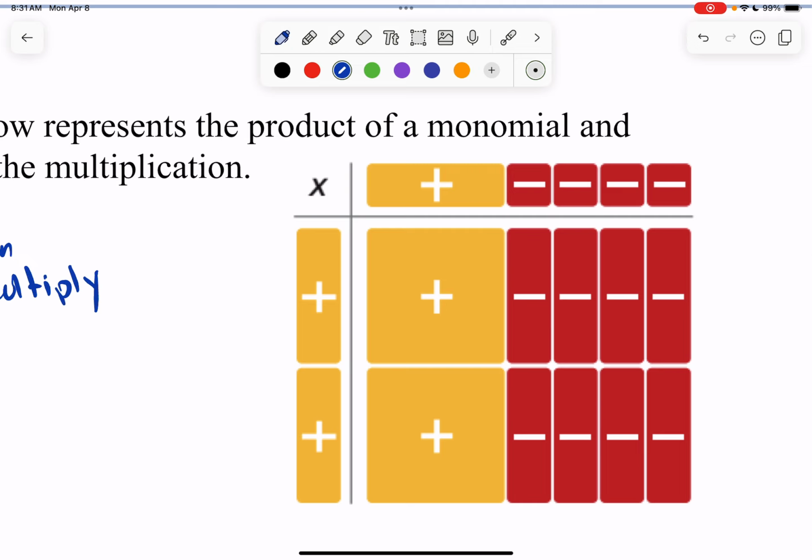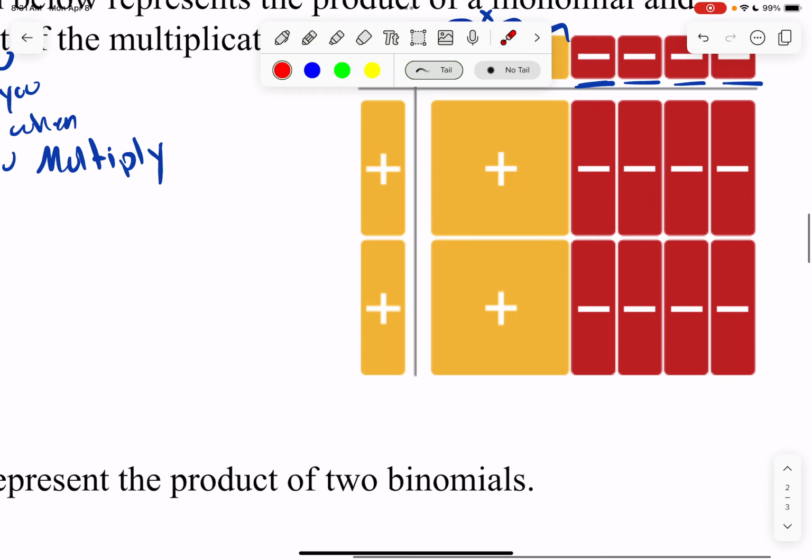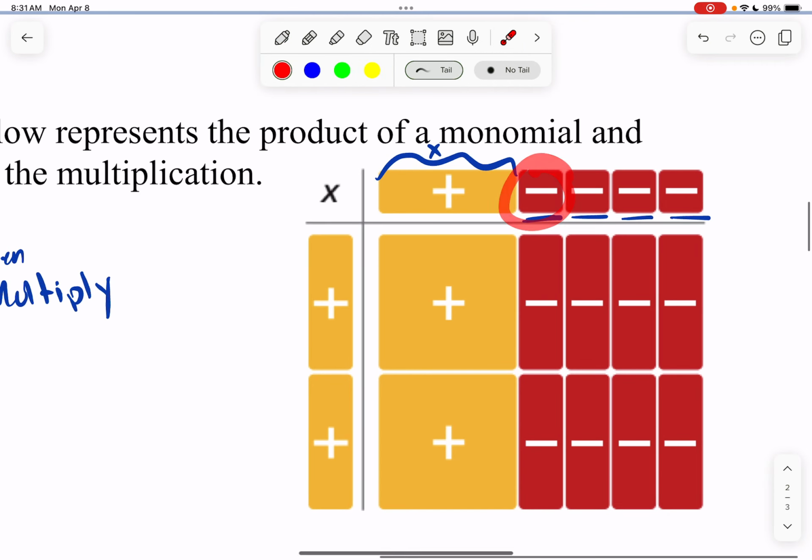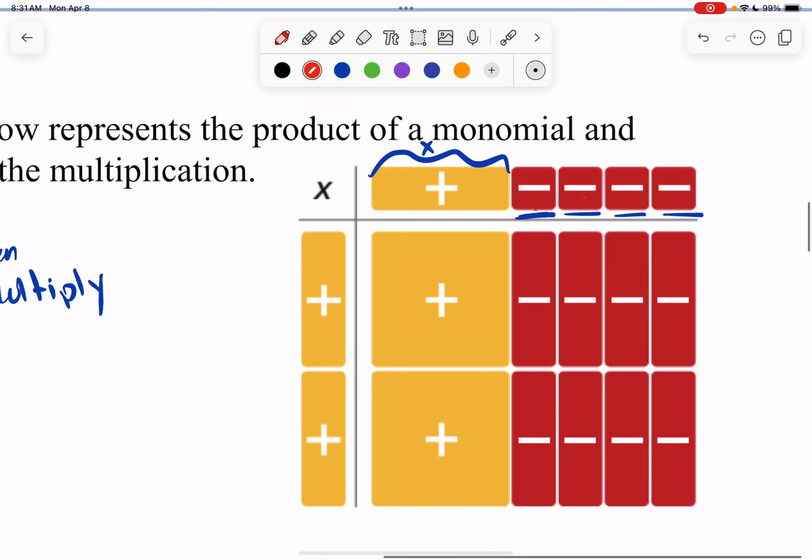If you remember these yellow bars, this yellow bar here is an X. Now here we have just simple red squares. Each one of those red squares is a -1, hence why they each have a negative on them. They're not the long bars, so they're not X. So here I have 1, 2, 3, 4, -1.